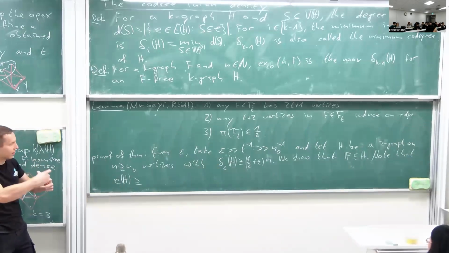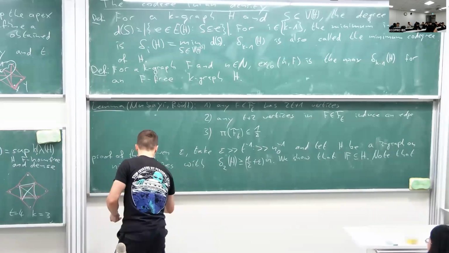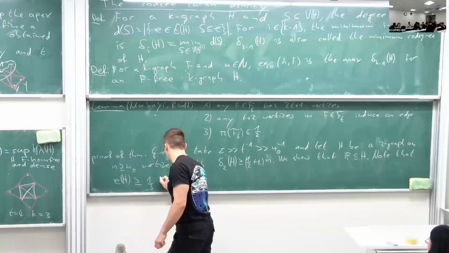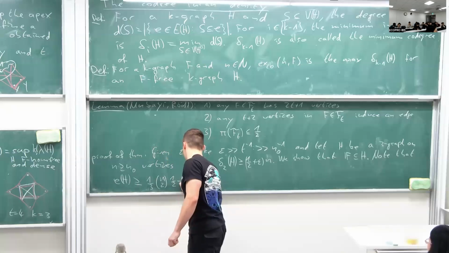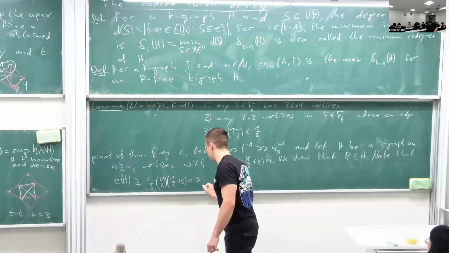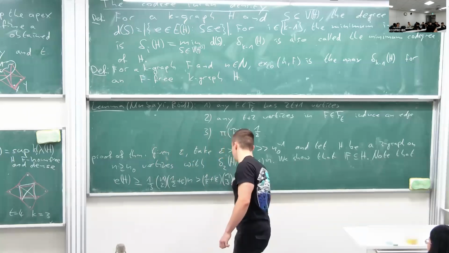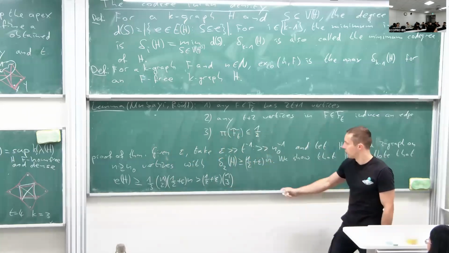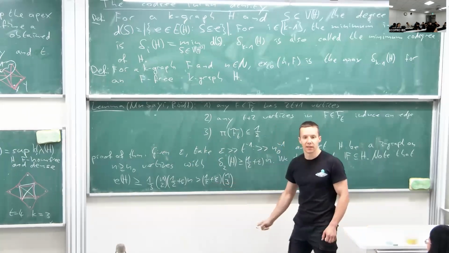Each edge is counted from the perspective of each pair. So we get 1/3 times n choose 2 times (1/2 plus epsilon) n. Okay, but this is greater or equal to (1/2 plus epsilon) times n choose 3. Okay, so we have this codegree, then we have this density.